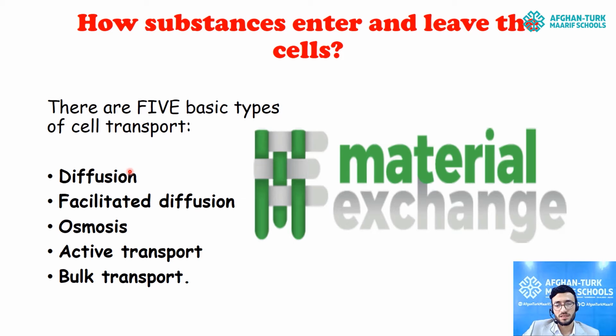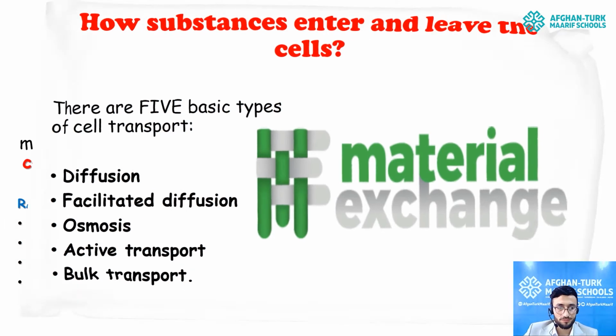It means the cells communicate with each other through these ways. First, diffusion. Second, facilitated diffusion, osmosis, active transport, and also bulk transport. Let's talk about it in more detail.